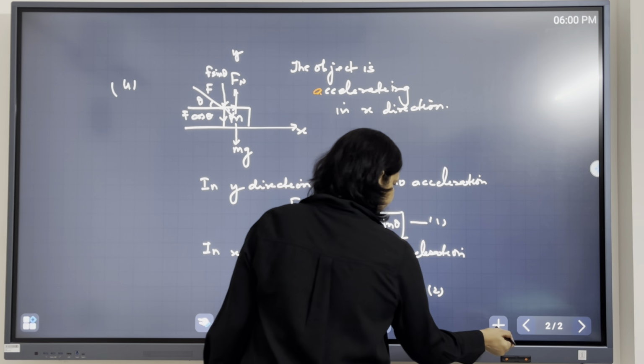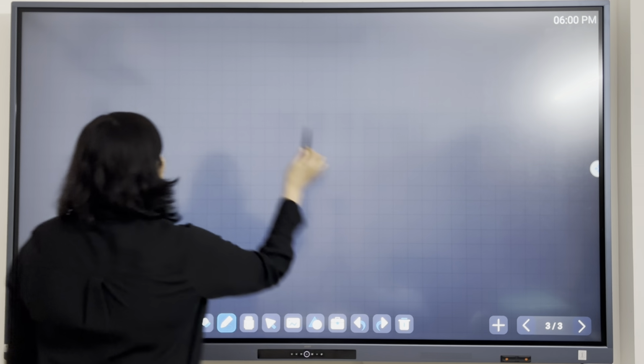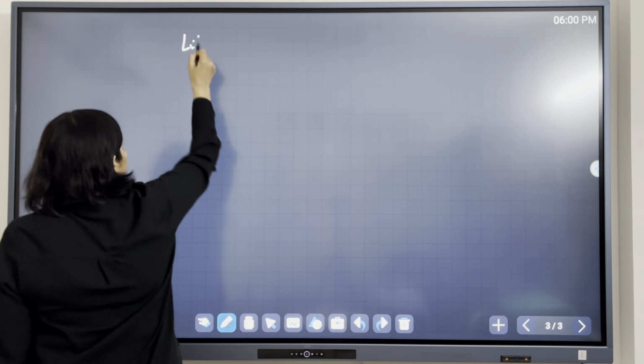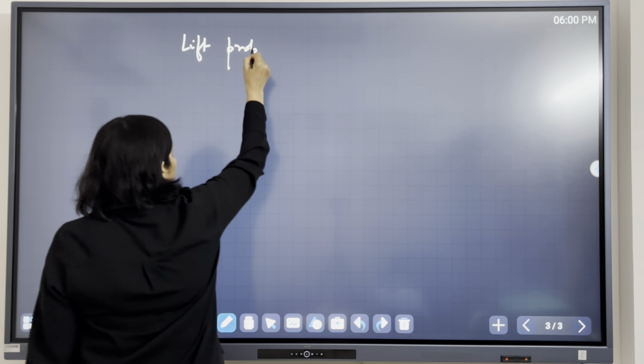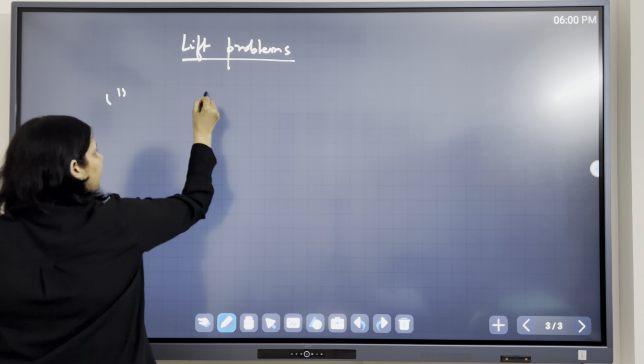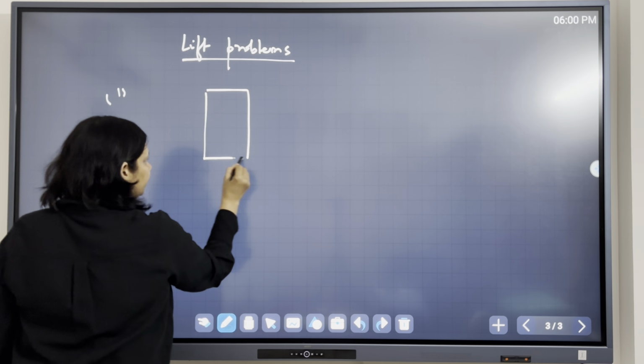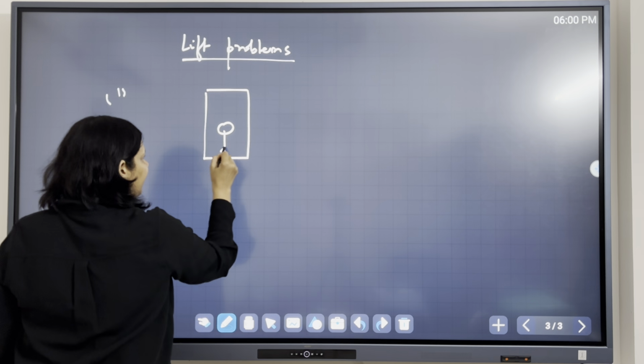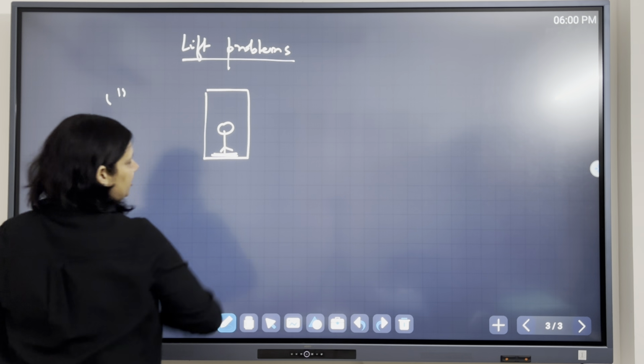First of all, let us take a stationary lift. There is a person standing in the lift, and this is the weighing machine.